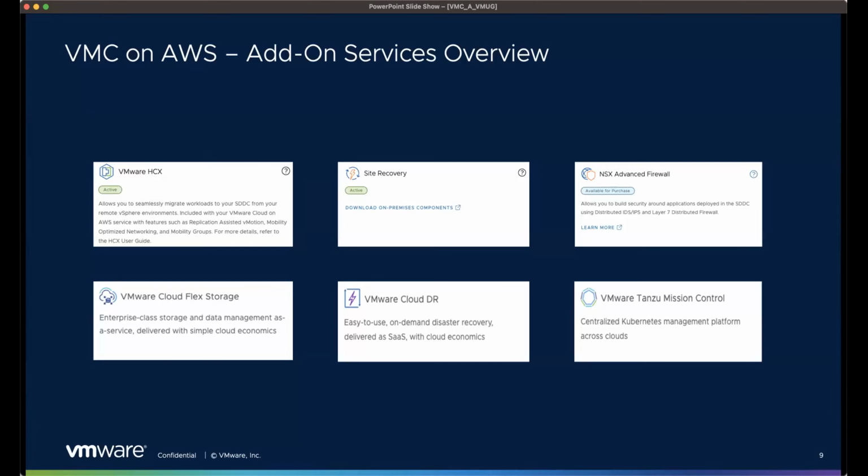VMware Cloud Flex Storage. VMC, as mentioned at the beginning, is always built on top of vSAN. Now, vSAN is a fantastic product and works great as long as my compute and storage need scale in a linear fashion, right? As both scale the same way, I can add node by node, and vSAN works pretty great for that.